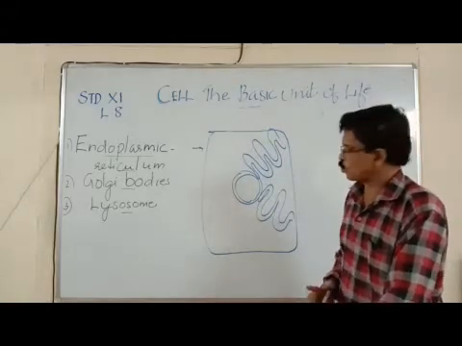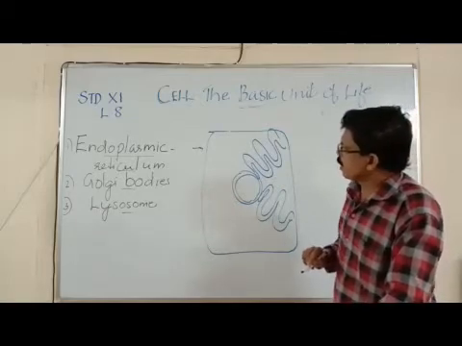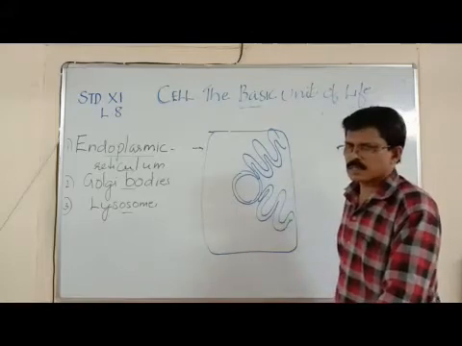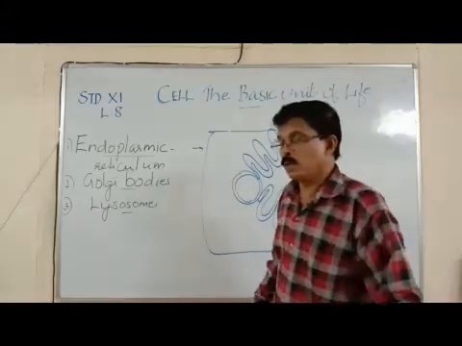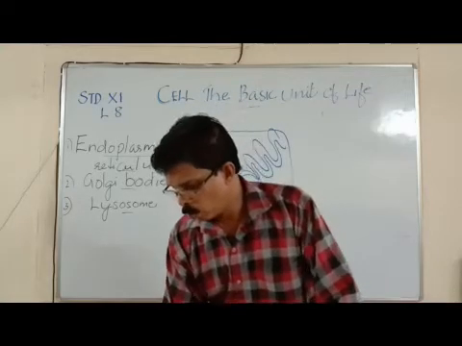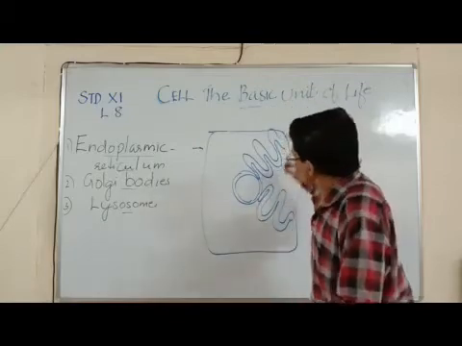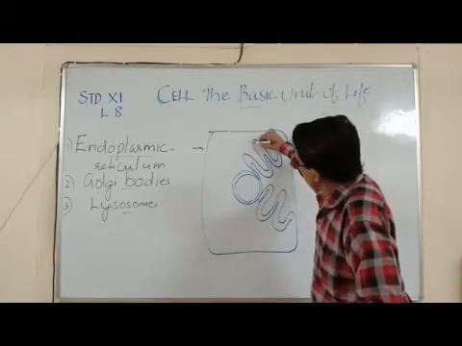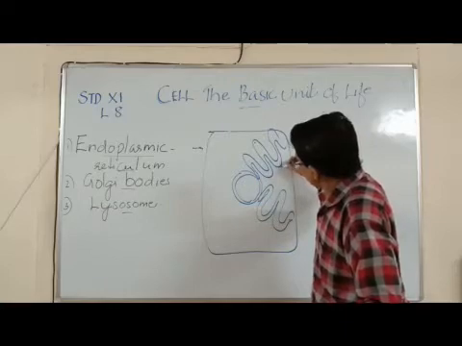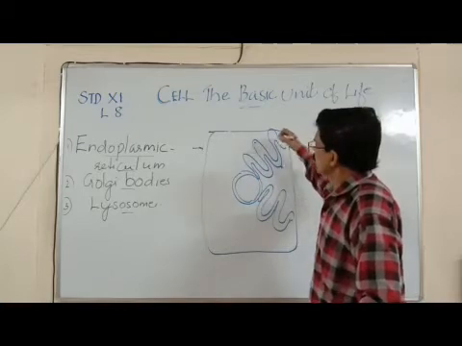Interconnected network of tubes. Now, this endoplasmic reticulum has two sides, luminal, L-U-M-I-N-A-L. What is the meaning of luminal? Luminal means the inner side, and extraluminal means the external side.